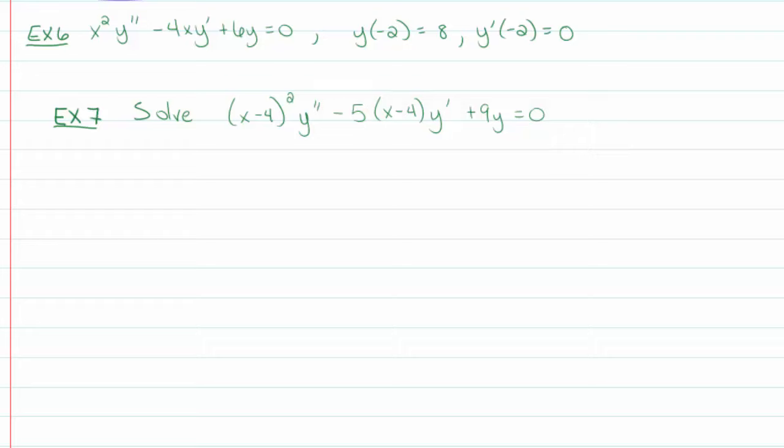Now we wrap up our discussion of Cauchy-Euler differential equations by talking about how to solve using odd initial conditions. For example, in example 6, we have this weird condition where we're evaluating using initial conditions at a negative input.